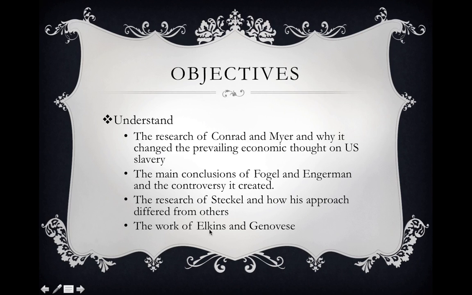ELKINS takes a look at, it's more of a sociological aspect, but we'll look at what ELKINS talks about. And then we'll talk about GENOVESE and his explanation as to why there were very few slave revolts in the United States, while in the Caribbean there were quite a few, and his explanation as to the differences between the two regions that led to the differences in the occurrences of slave revolts.